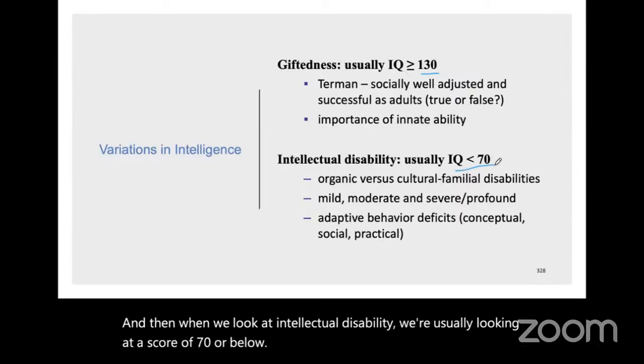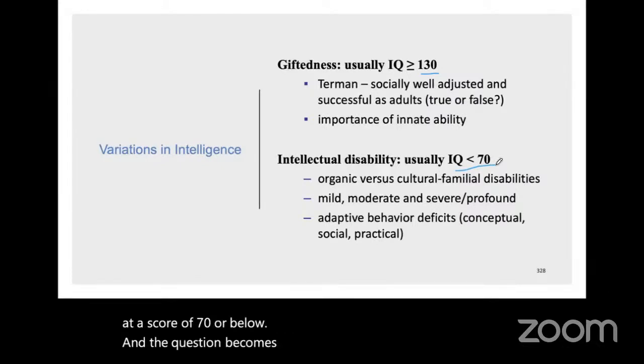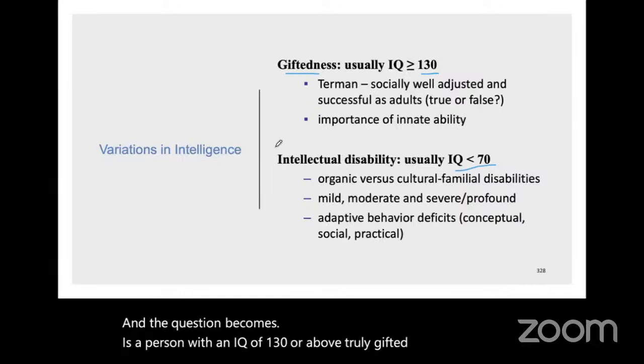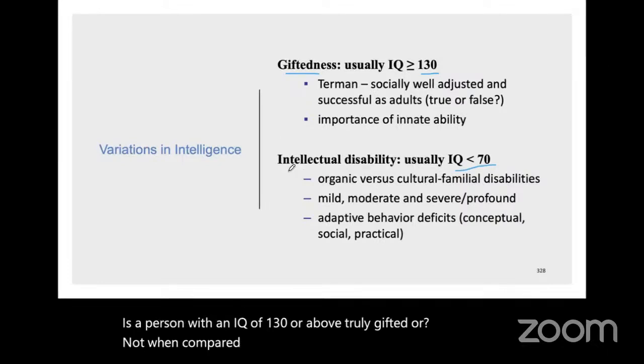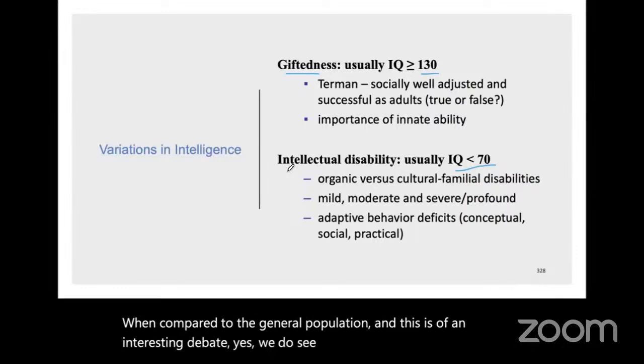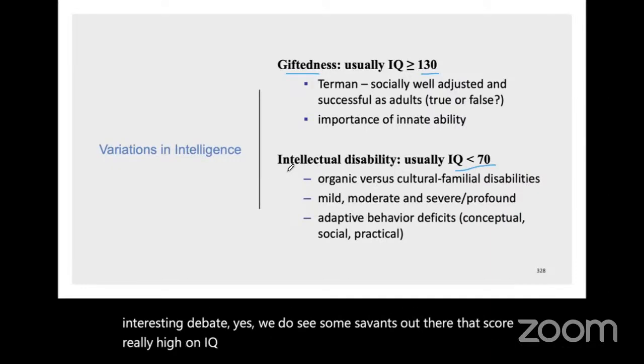And the question becomes: is a person with an IQ of 130 or above truly gifted, or not, when compared to the general population? And this is an interesting debate. Yes, we do see some savants out there that score really high on IQ tests and can do miraculous things with music, with mathematics, those types of things.